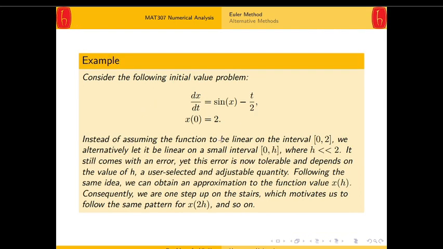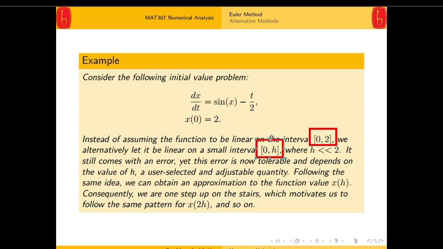Instead of assuming that the function is linear on the whole interval from 0 to 2, we alternatively let it be linear on a small interval from 0 to h.